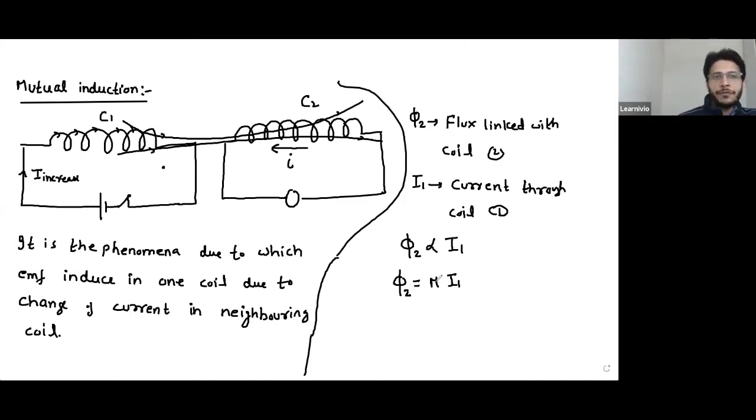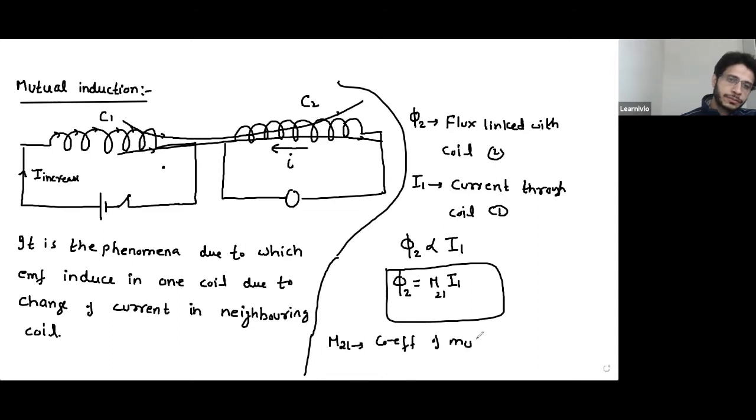So EMF is inducing in coil 2 due to coil 1, so I write this as M21. M21 means the coefficient of mutual induction of coil 2 due to coil 1.